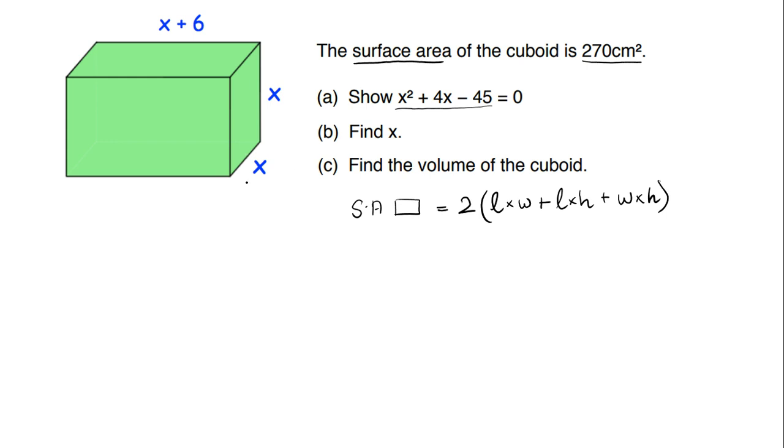Now, if you look here, the length of the cuboid is x plus 6, the height is x, and the width is x again.